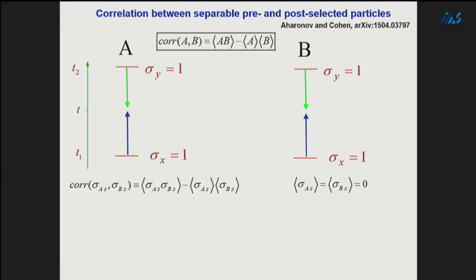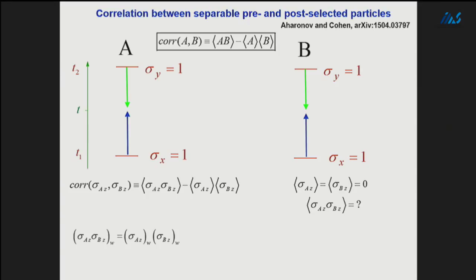Now we need this, which is more tricky. What's the expectation value of sigma az sigma bz, of this operator? Usually the weak value of A times B is not the weak value of A times the weak value of B. But if they are separable, then it's very simple. Just plug in the formula for the weak value, and since we have different Hilbert spaces, it's very easy to prove that this is correct for this case, not in general.